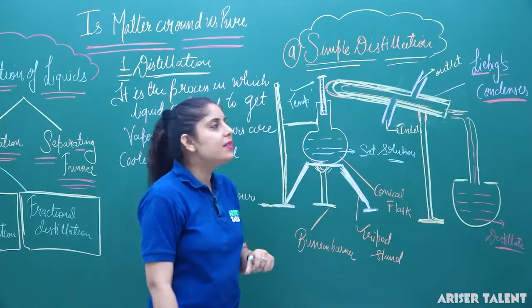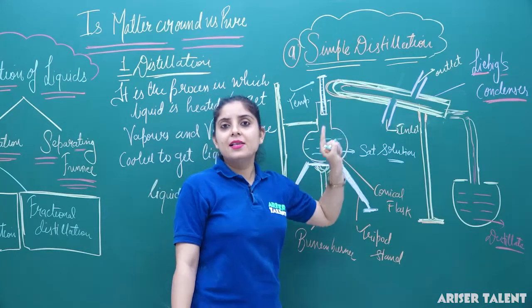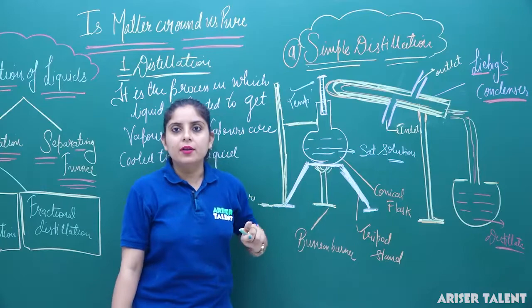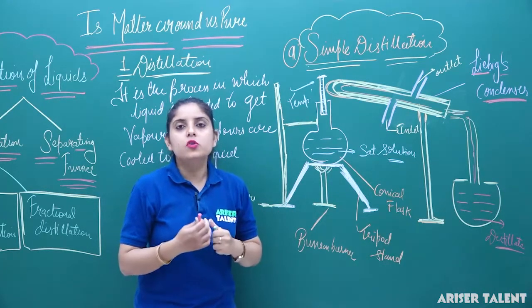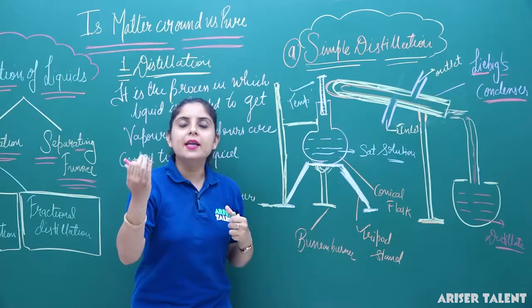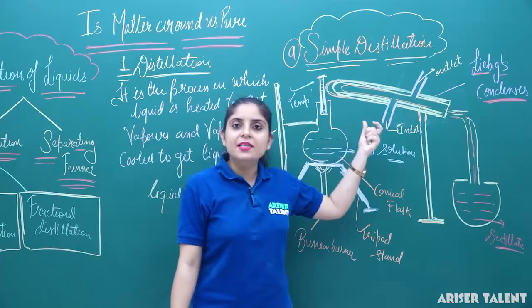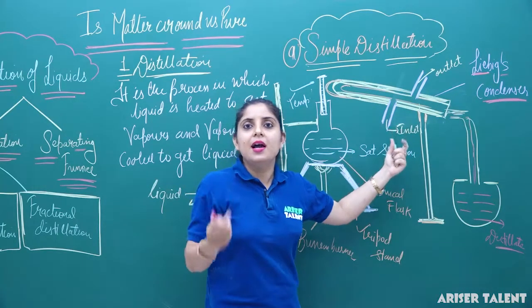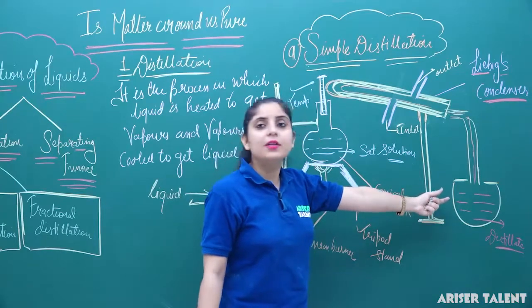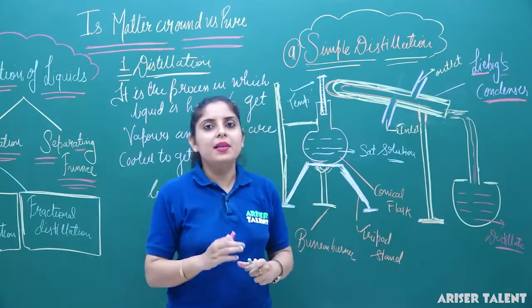In this, the outlet part has water which is cool water, and the inlet part has water in a hotter form. So the water takes the vapors from the hot water and the process of condensation keeps going on, and in the last step you will get the distillate here because you want to separate the two miscible liquids here.